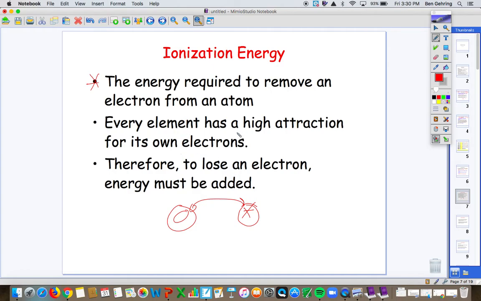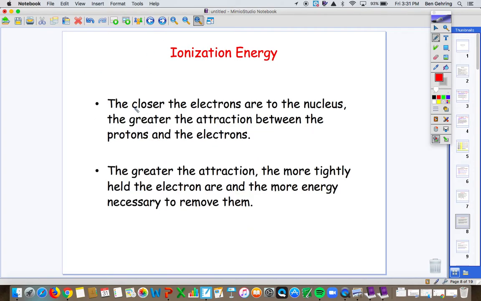If you have a high attraction, every element has a high attraction for its own electrons, but some have a little bit less than others. And so the closer the electrons are to the nucleus, the greater the pull, the harder they are to pull apart. So closer electrons to the nucleus, higher ionization energy.